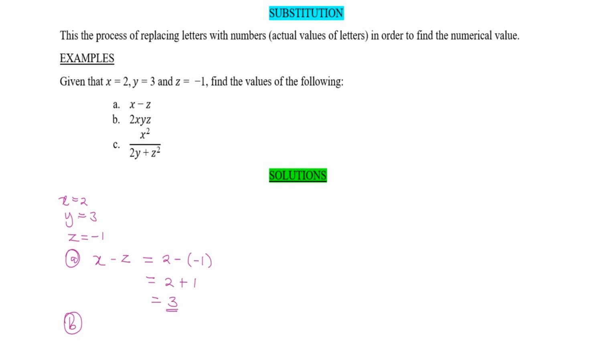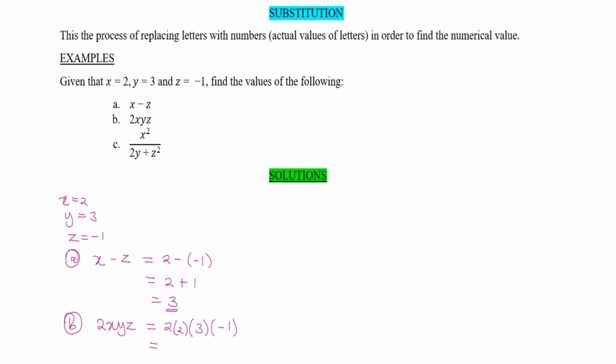For B, we are saying 2xyz. When you see xyz and the 2 in front there, we are saying 2 multiplies x multiplies y multiplies z. So the numeric value of x is just 2 multiplied by 2, the numeric value of y is 3 multiplied by 3, and the numeric value of z is -1.